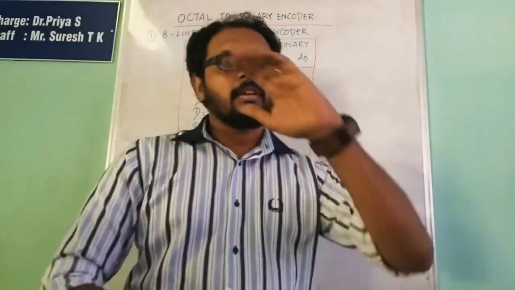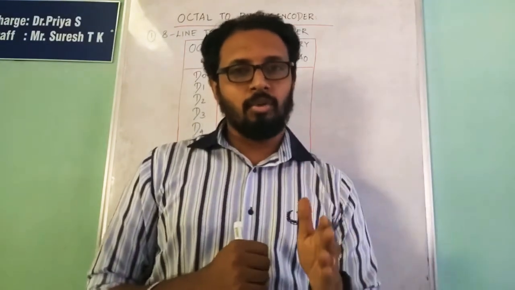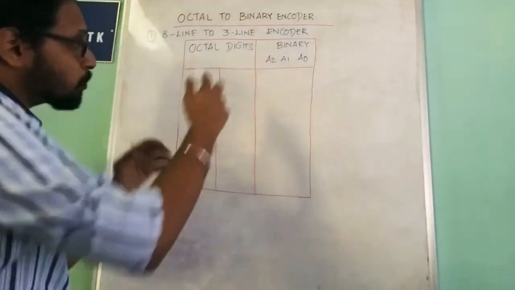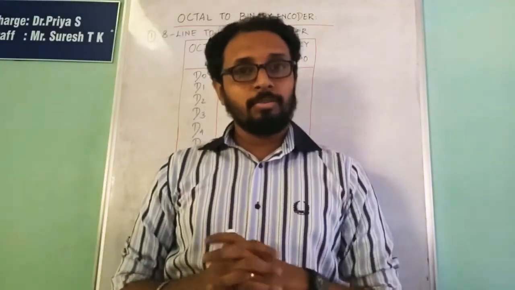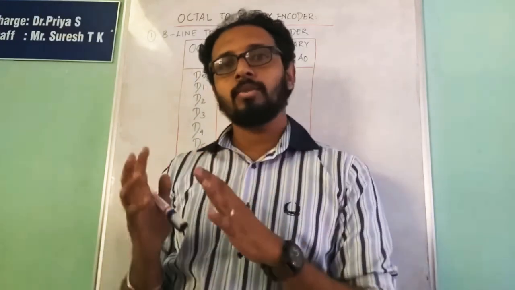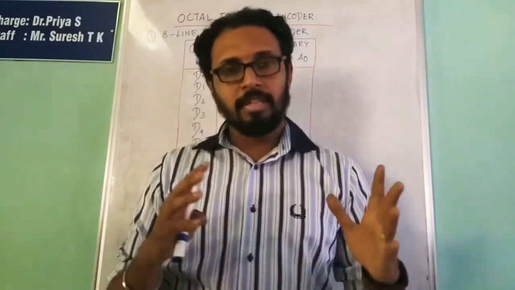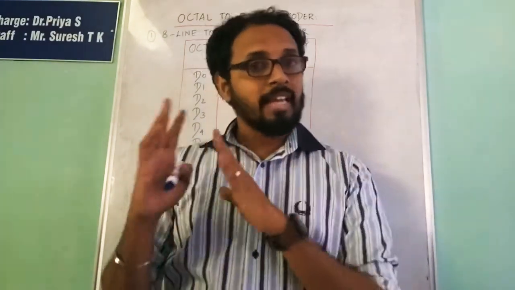Next, our topic will be the octal to binary encoder. We are familiar with the octal number system, that is, we have values from 0 to 7 that are valid, which means 8 numbers.